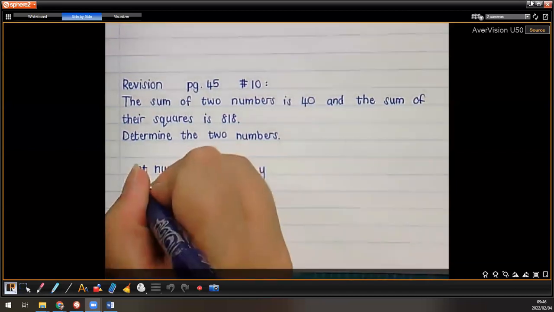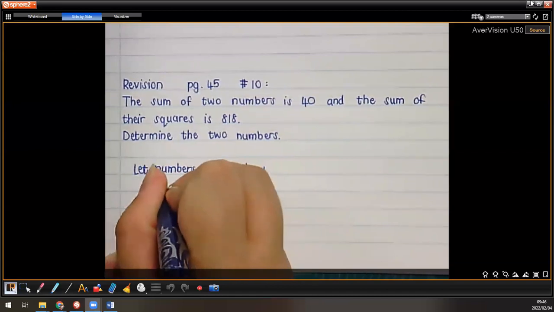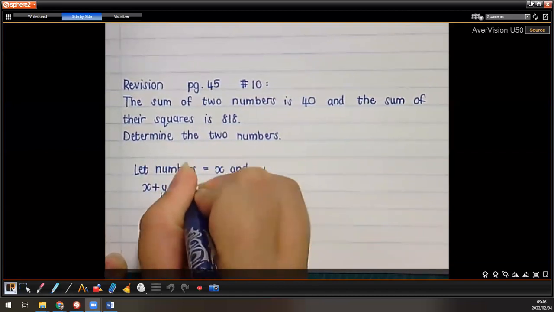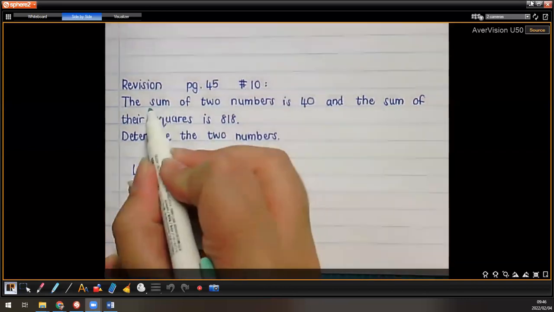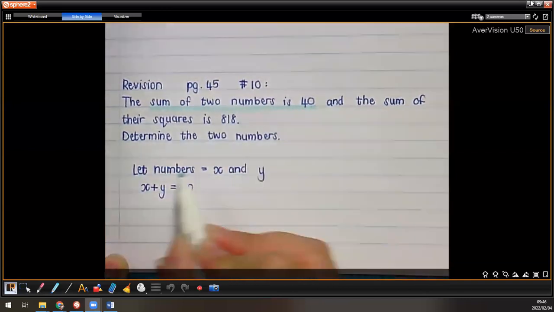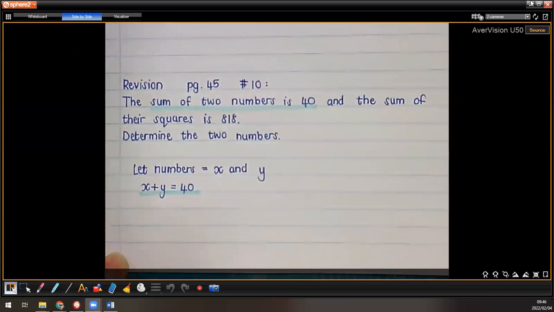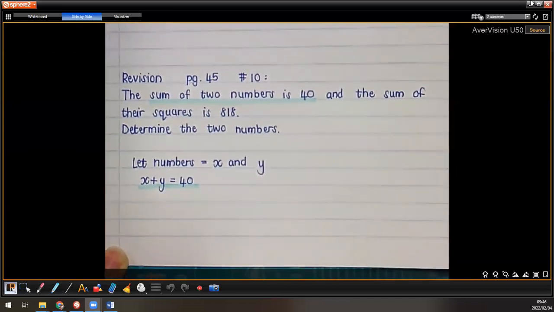Okay, so they're saying that the sum of these two numbers, x plus y, is 40. Are we fine with that? That's the first bit of information there. I'll highlight it again so that you can see. Sum of two numbers is 40, and that is how we translate it into an equation.